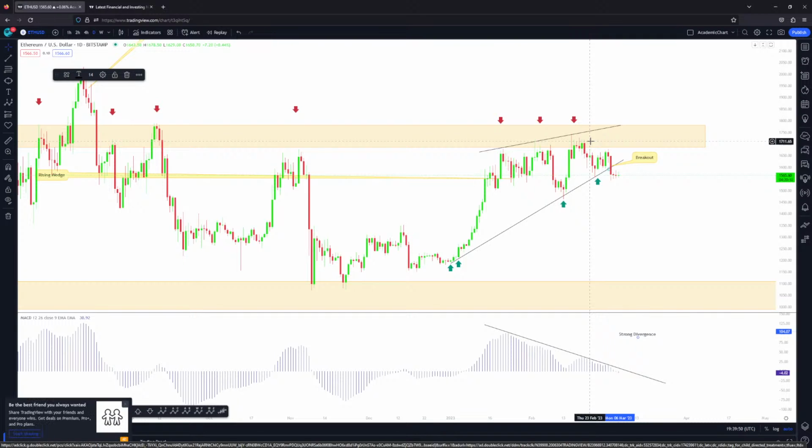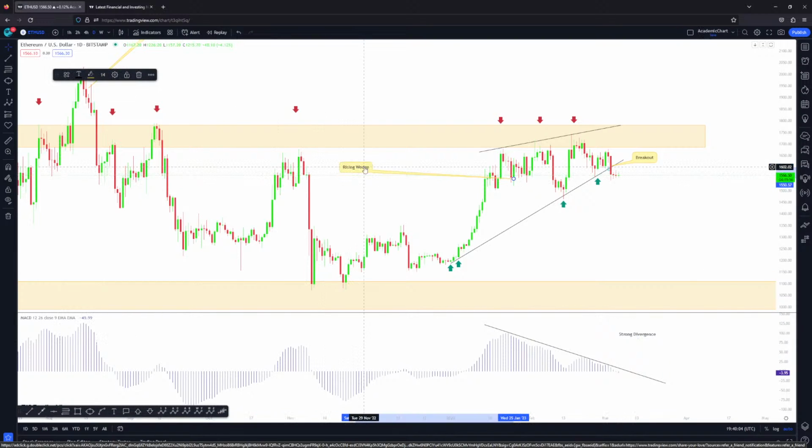They need to confirm each other in the end for you to come up with the decision: aha, the trend is done, it is a reversal, or vice versa, the trend is not done, it is going to continue.